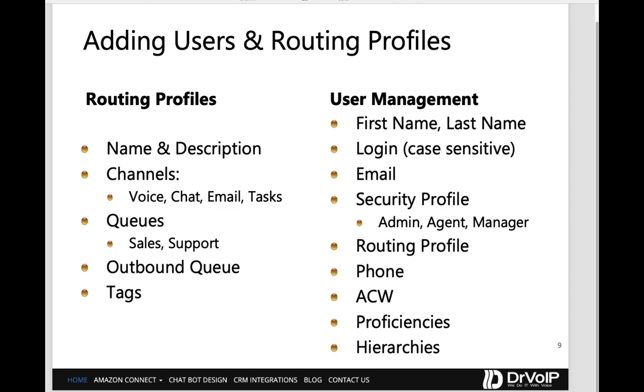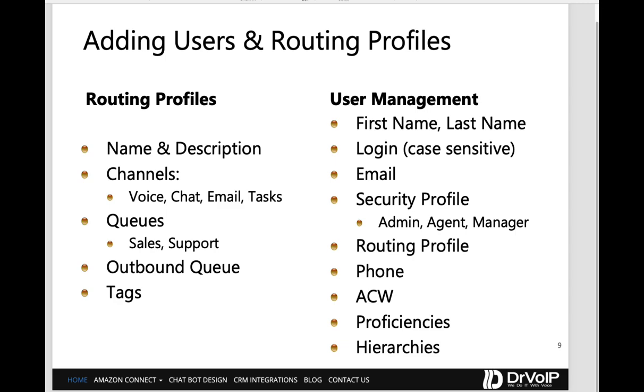On the user management side, you're going to add a first name and a last name, and you're going to create a login. I should point out that login is case sensitive, so the first time a user says they can't log in, you can bet that they're logging in with lowercase when it should be uppercase or uppercase when it should be lowercase.